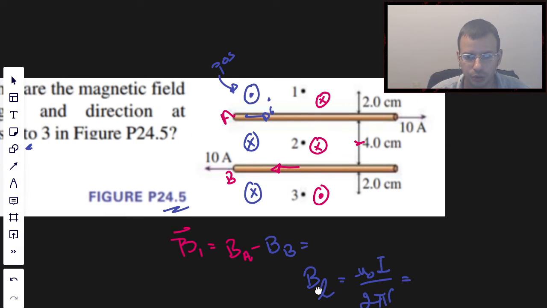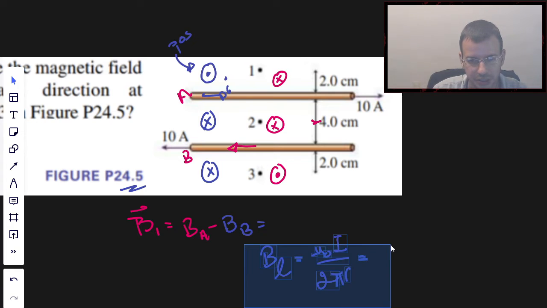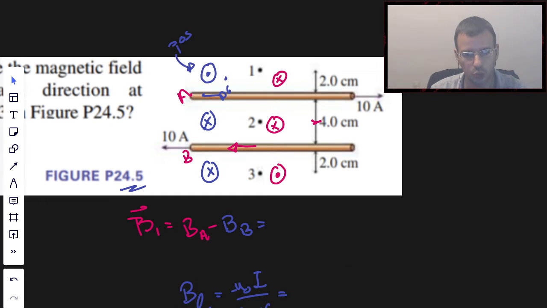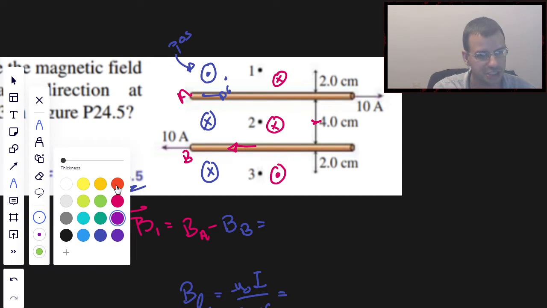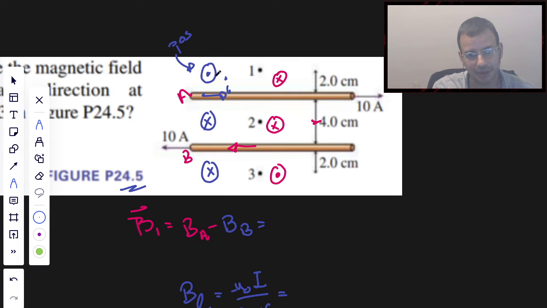When we apply this concept to the whole system, the magnetic field due to A can be out of the board. It's going to be mu naught I_A, the current through A, all over 2 pi R_A, which is the radius from wire A to point 1.